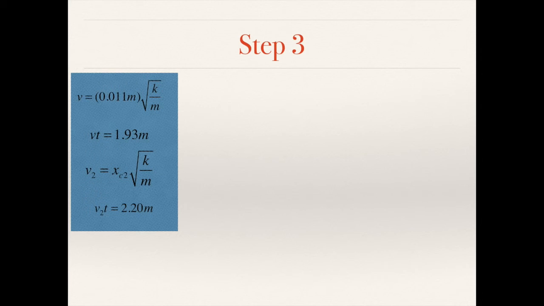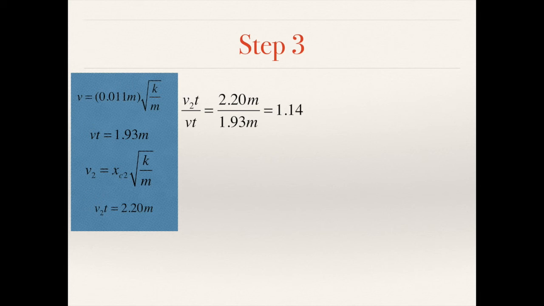So for our step 3, the four equations on the left are the equations we got from our previous steps. Let's divide v2 t over v t, which will give us 2.2 meters divided by 1.93 meters, which will give us 1.14.